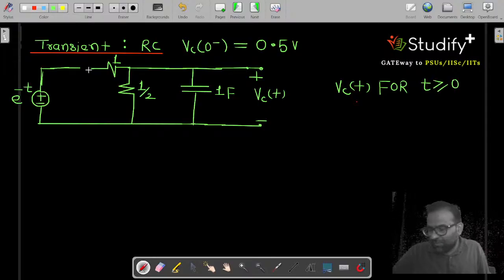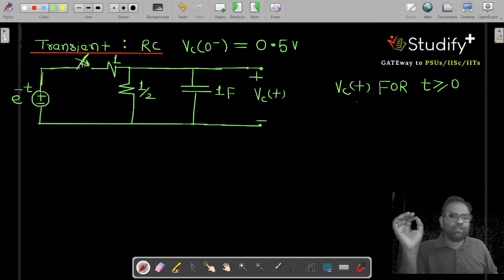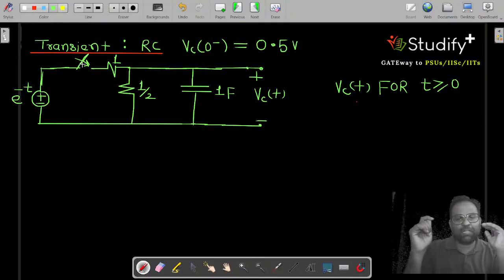And here a switch is connected, and what is the position of the switch? The position of the switch is this. At t equals 0 minus, the tail represents the condition of the switch for t less than 0, and the head of the arrow represents the condition of the switch at t greater than 0.